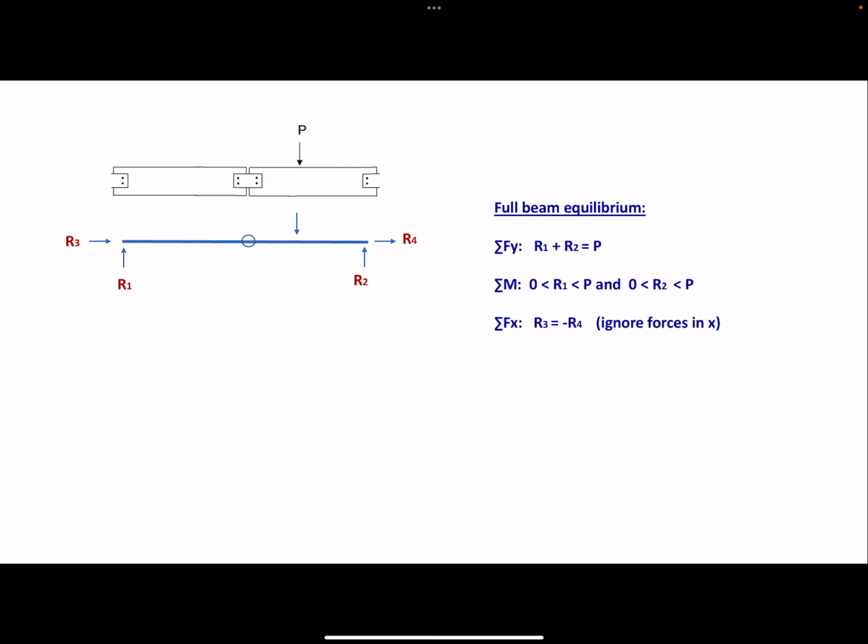It's going to be some positive reaction greater than 0, but not as large as the magnitude P. They're going to share the load. We can neglect the horizontal reaction forces because we're only interested in the vertical.